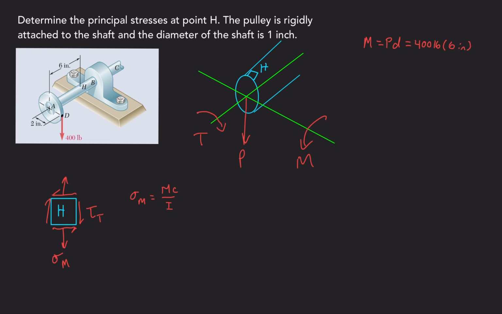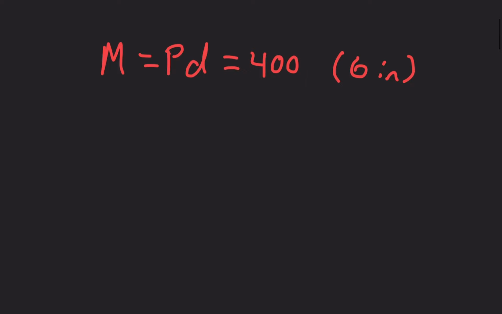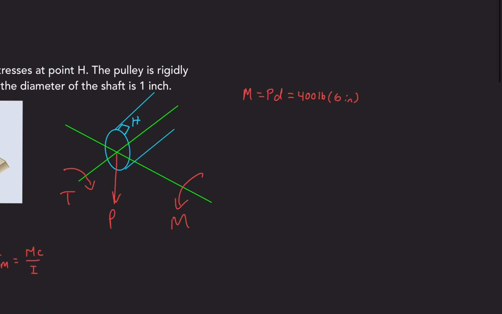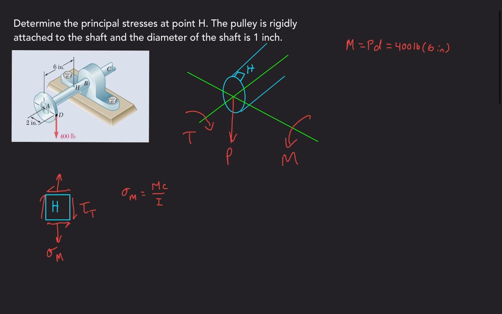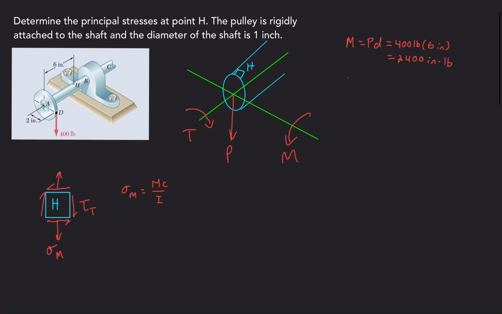My pound looks like a 16, doesn't it? Let me correct that. Pound. That's a little better. So that's equal to 2,400 inch-pounds.